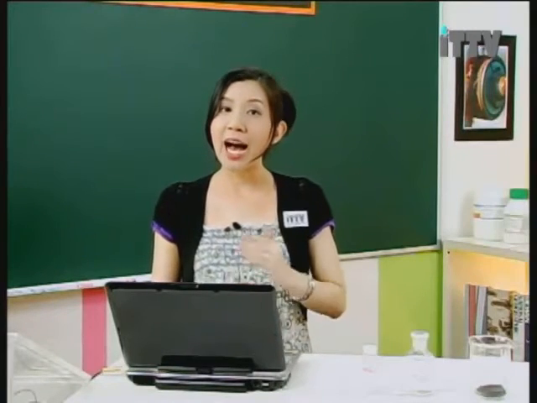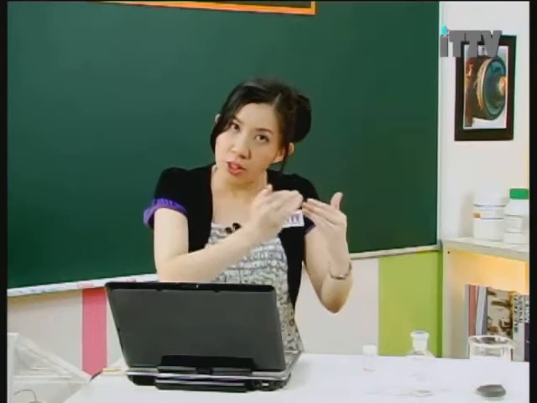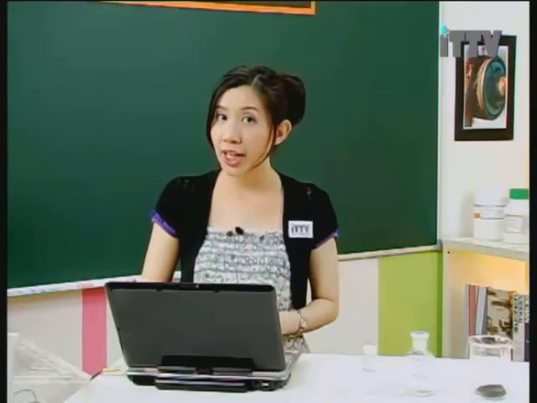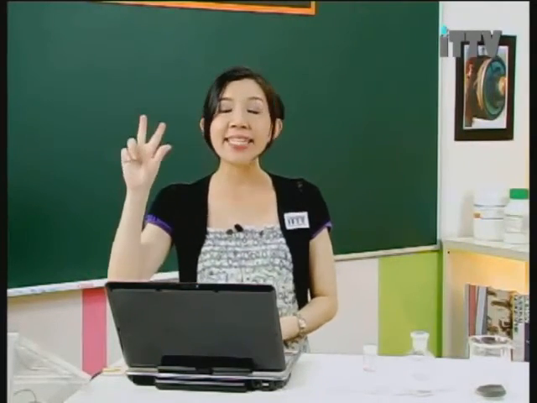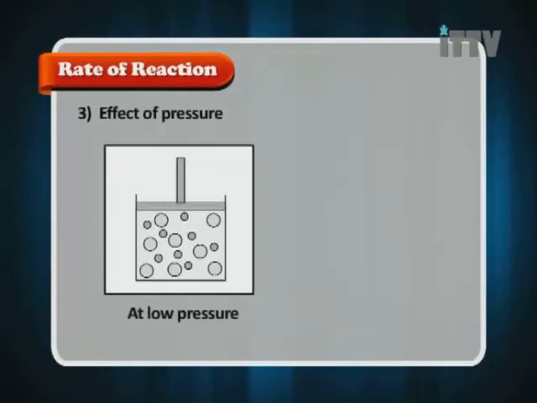So that was how we can use collision theory to explain how concentration affects the rate of reaction. So let's look at the third factor, pressure. At low pressure, if you look at the picture on the slide, the reactant particles are very widely spaced from each other. They're a bit far apart at low pressure because the number of particles per unit volume is smaller.